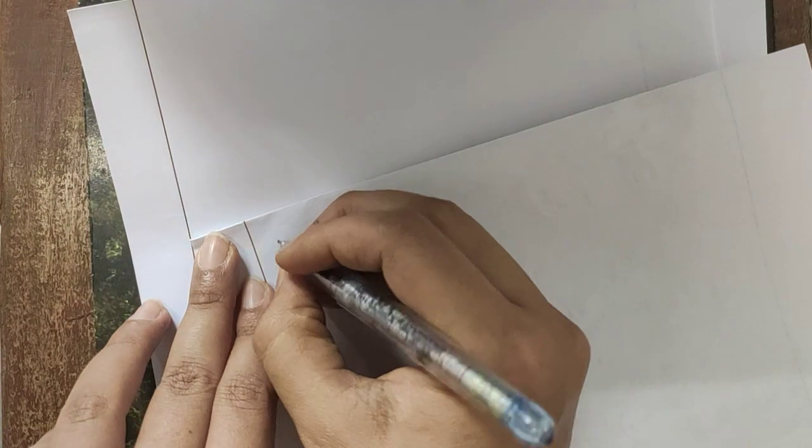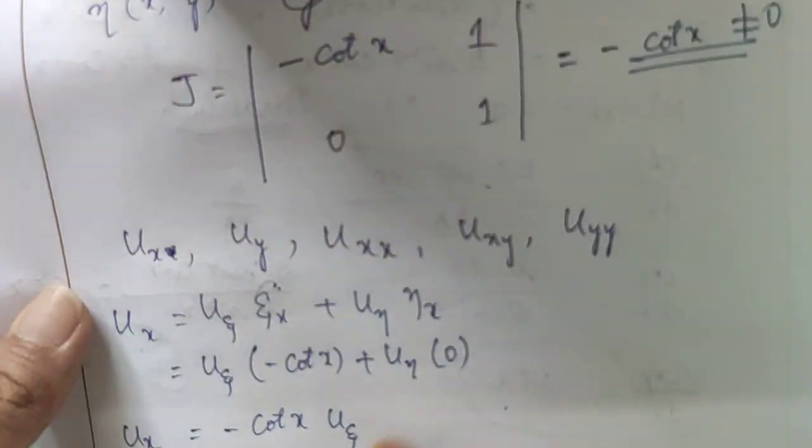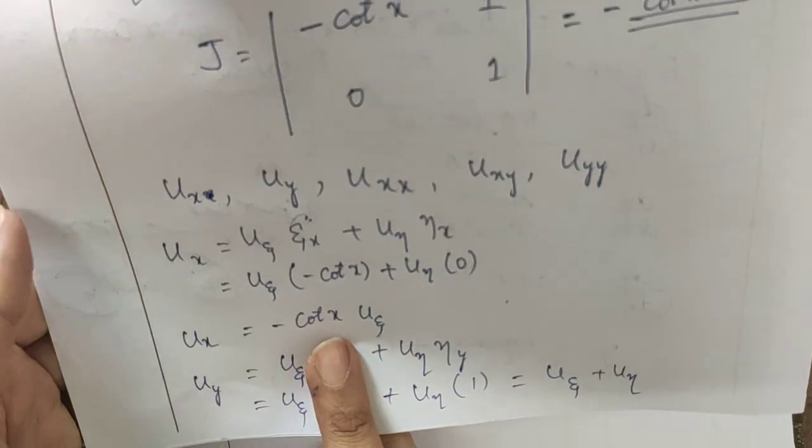Now let's find out uxx. So for uxx, that means we have to differentiate ux with respect to x again, right?